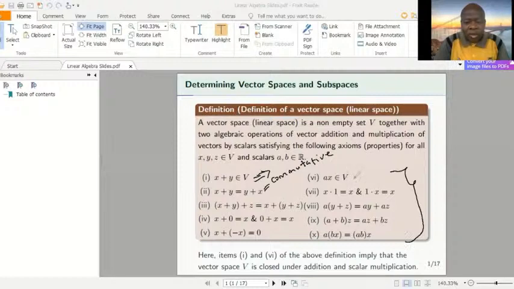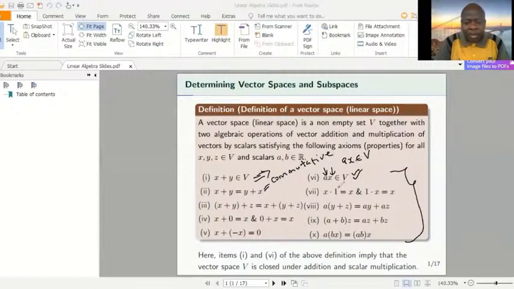And this is the closure. That if you are to pick a vector x and a scalar a, the product of this scalar and the vector must be in V. So this is the closure property.